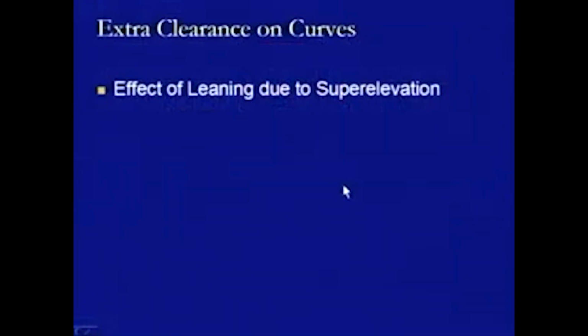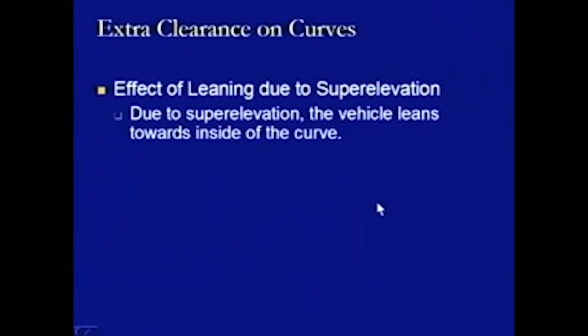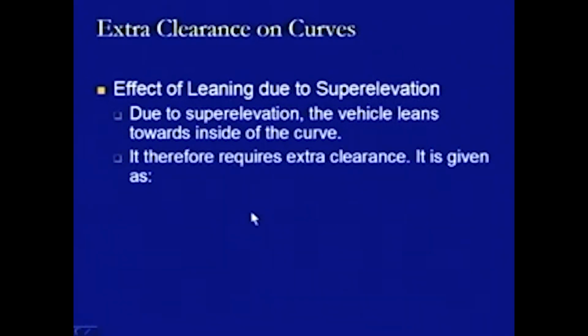This we will be looking at when we look at the diagram where the leaning has been defined. Before that, due to the super elevation the vehicle leans towards the inside of the curve. This is important, that it is leaning towards the inside of the curve, so there is no effect going towards the outside of the curve.